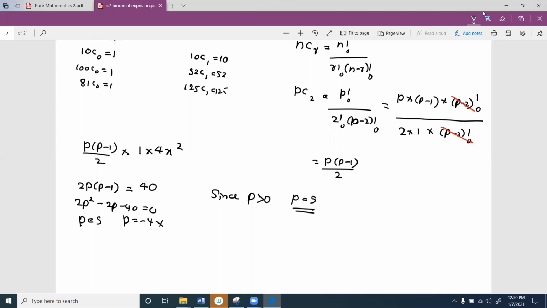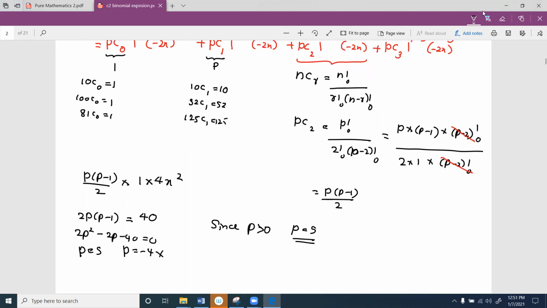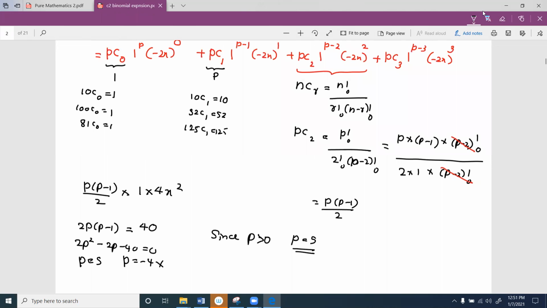Now from this expression we already know all of these terms, so we can get this answer. So we can say this is 5C0 is 1 times 1 into minus 2x to the power 0, which is 1. Now you know the value for p is 5. 5C1 is how much? It's 5. This is 5, 1 to the power anything is 1, times minus 2x. 5C2, what is the answer for 5C2?